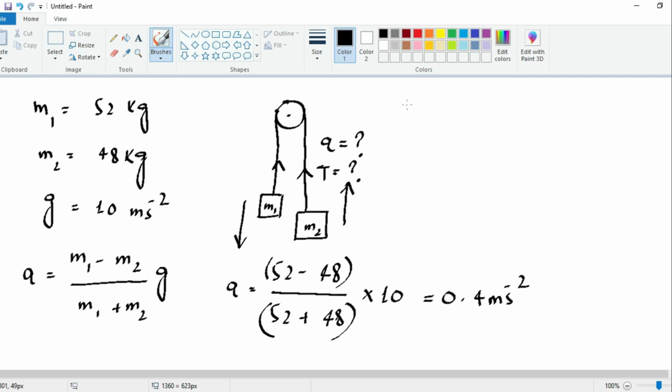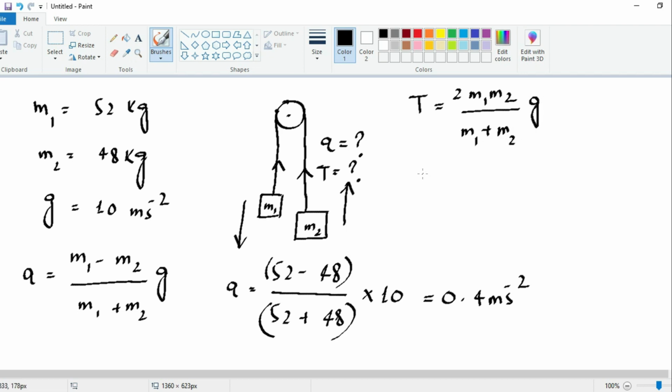To calculate the tension in this system, we use the formula of the tension, which is T is equal to 2 m1 m2 divided by (m1 plus m2), into g.